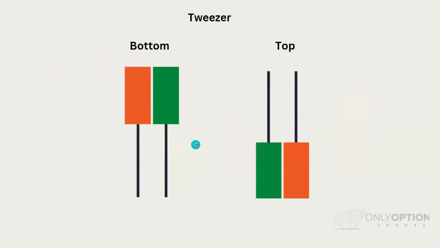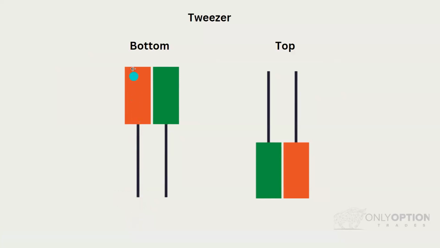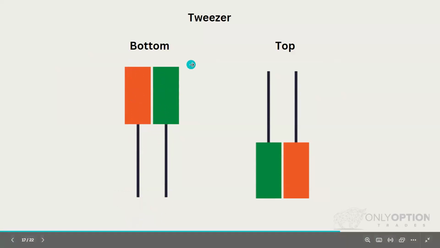We have the tweezers. Again, we see this a lot in reversing trends. We see a candle that tries to go all the way down, it doesn't, it closes right here, and then we jump to the next candle that goes all the way down again, and then it switches.